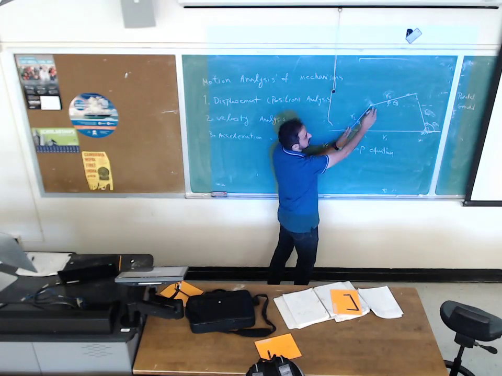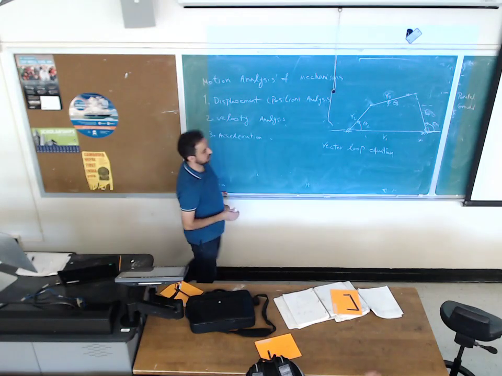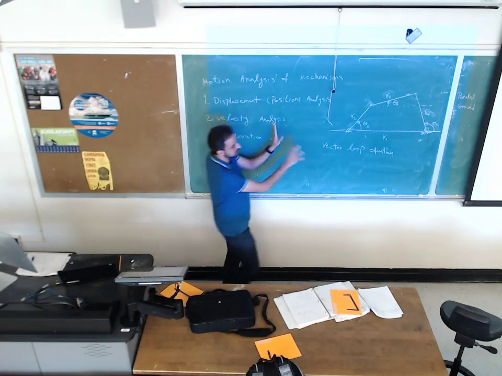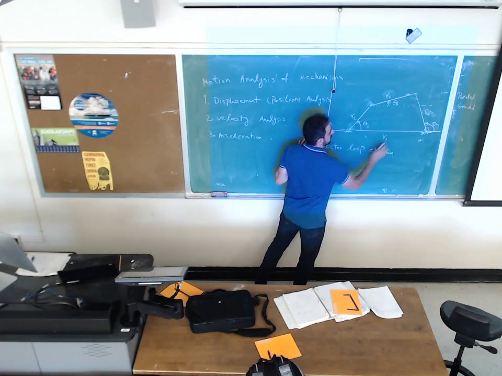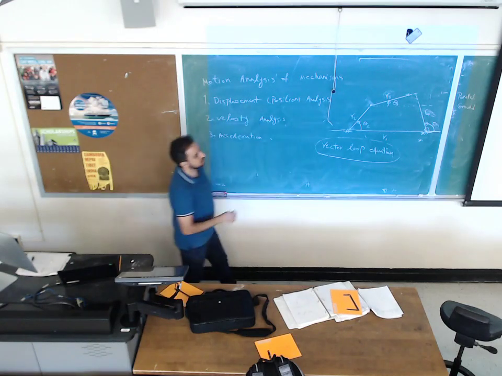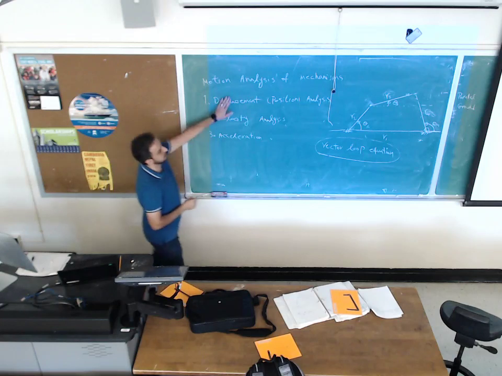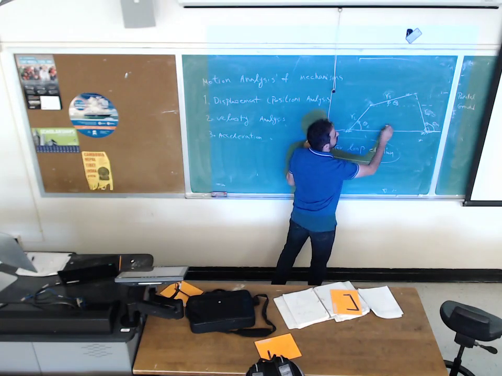In this method, each link should be represented by a vector. We will go through that in just the introduction. So I treat each link as a vector, then I write the vector loop equation. By writing the vector loop equation, I will solve for displacement analysis. If you look at this, here you can see a loop.